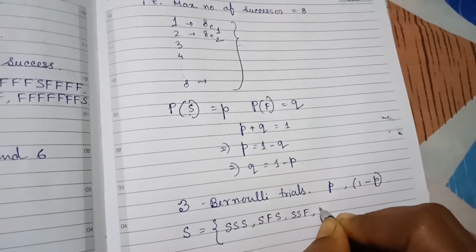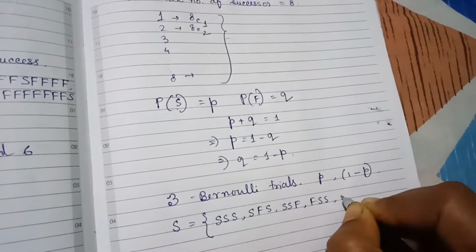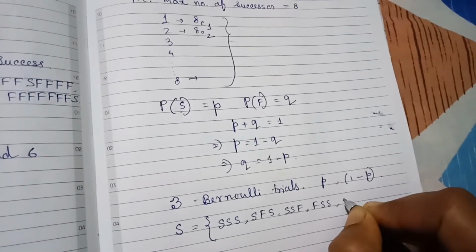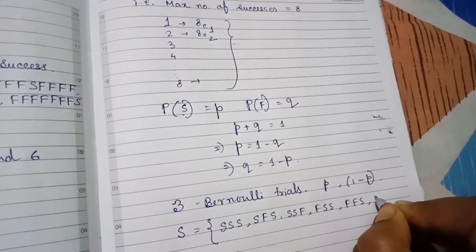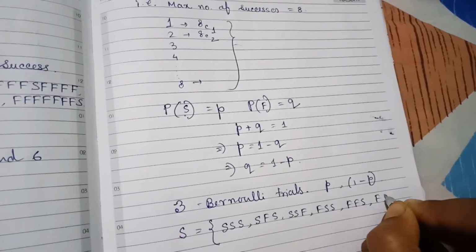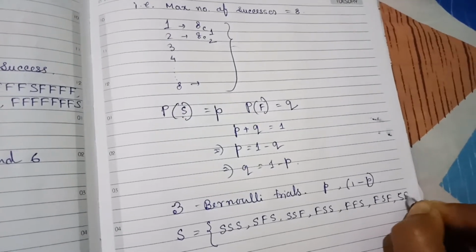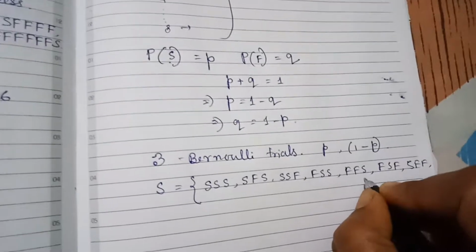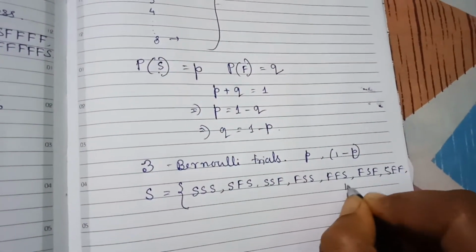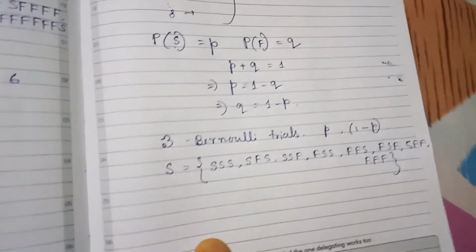Okay, so 2 successes in this way. Then suppose 1 success and 2 failures like this. 1 success and 2 failures. So in this way, and the final possibility is all 3 are failures. So there are 8 possibilities.